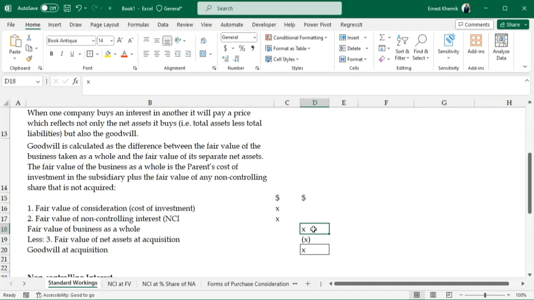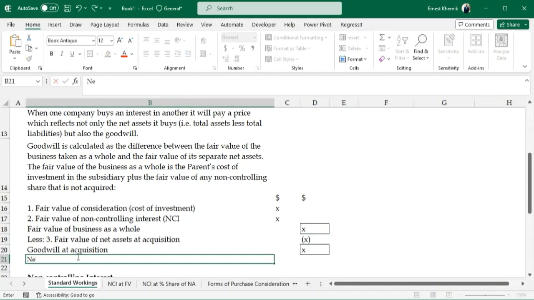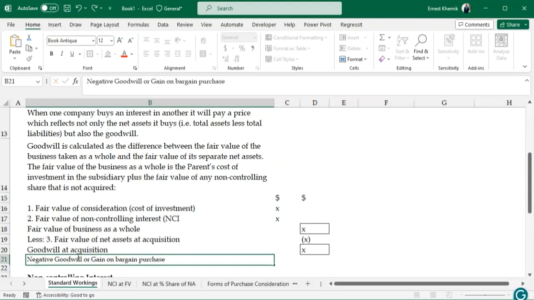So that can happen, and we call it negative goodwill or gain on bargain purchase. Gain on bargain purchase.